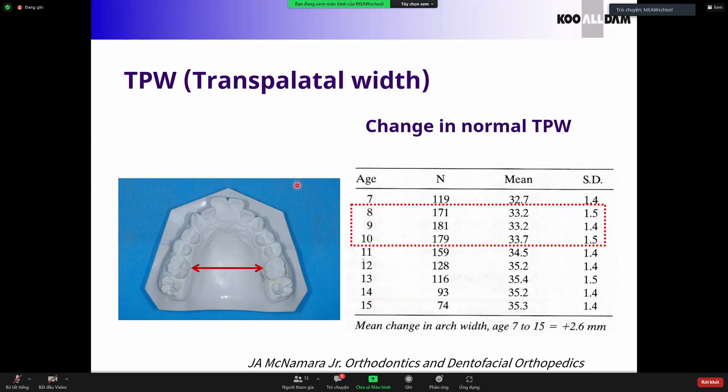When we do early orthodontic treatment, we should check the age, 8 to 10. At that time, you should remember the normal transpalatal width is 33.